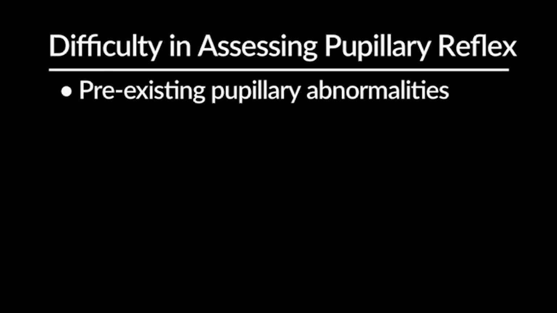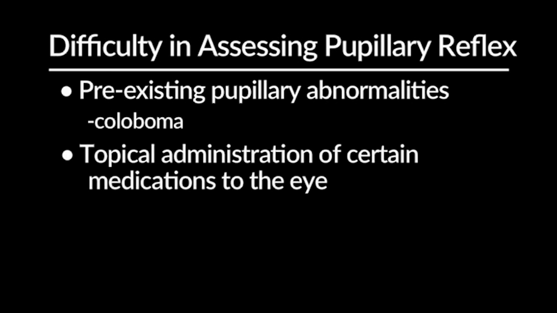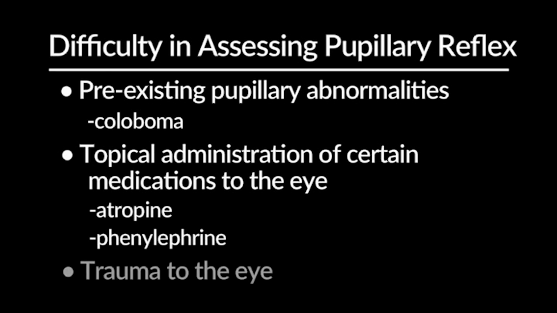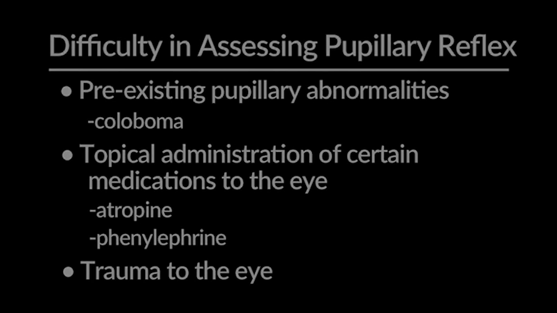It should be noted that certain conditions can make it difficult to assess the pupillary reflex, including pre-existing pupillary abnormalities such as coloboma, topical administration of certain medications to the eye such as atropine or phenylephrine, trauma to the eye.